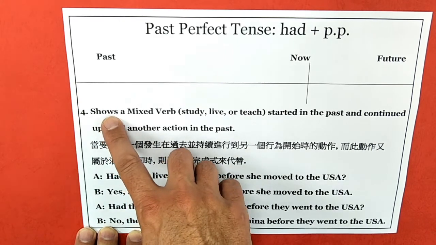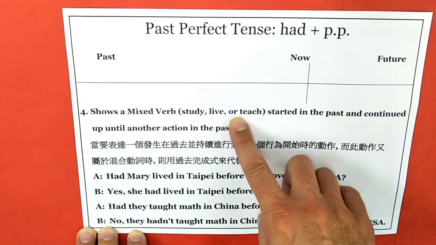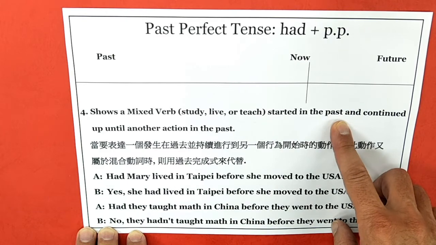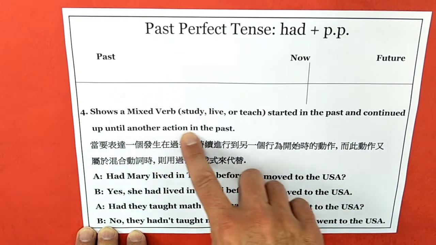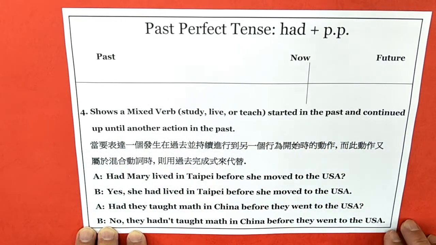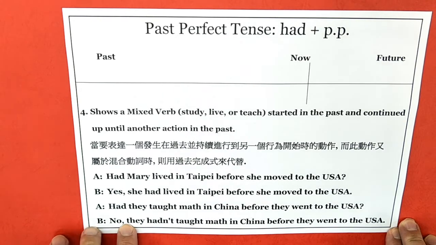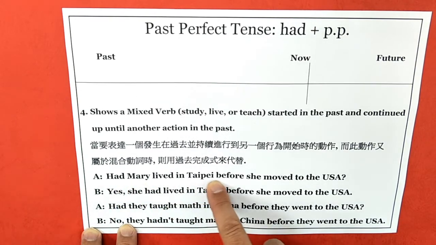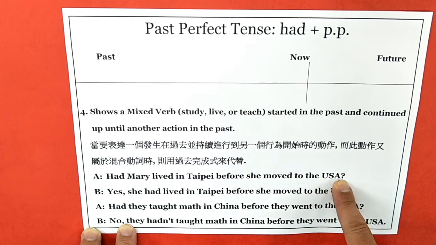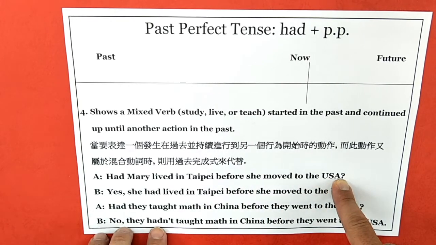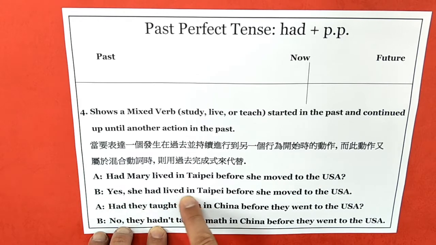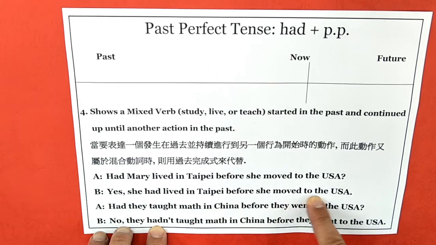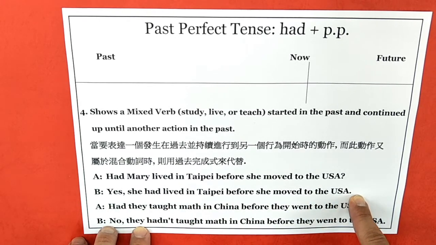So number 4 shows a mixed verb, study, live, or teach, started in the past and continued up until another action in the past. All right, so let's read the sentence. Had Mary lived in Taipei before she moved to the U.S.? Yes, she had lived in Taipei before she moved to the U.S.